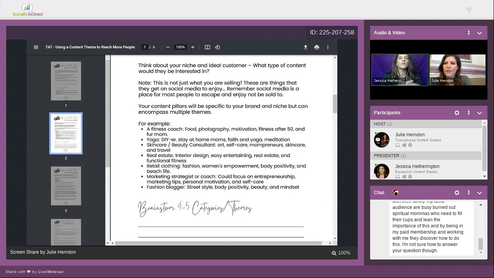So it's really about creating this beautiful net that's going to go out there and grab people and pull them in and get them watching you and following you for more than just your real estate business.